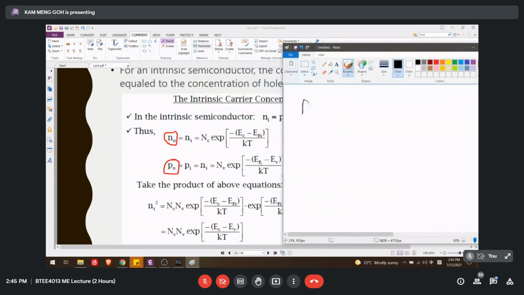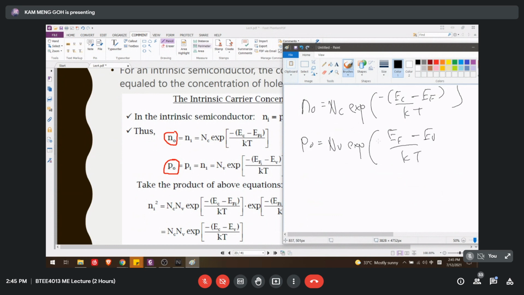Okay, last time our N0 is NC exponential negative EC minus EF over KT. Then the P0 is the NV exponential negative EF minus EV over KT.